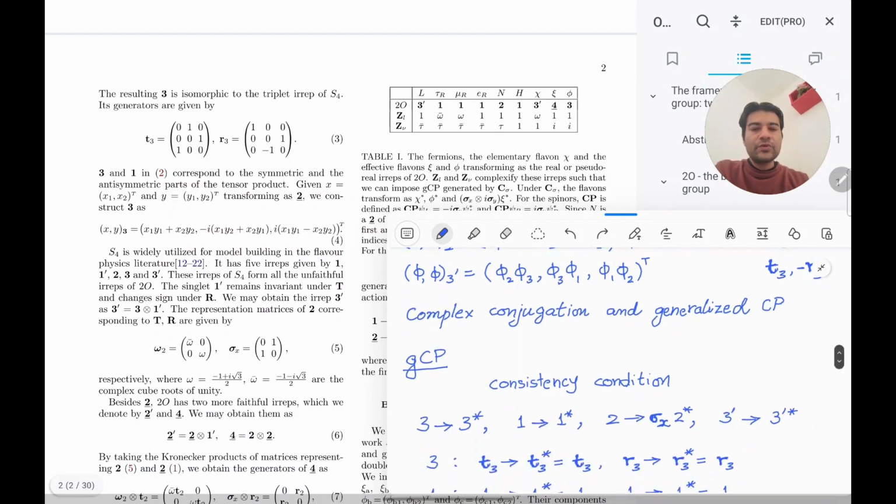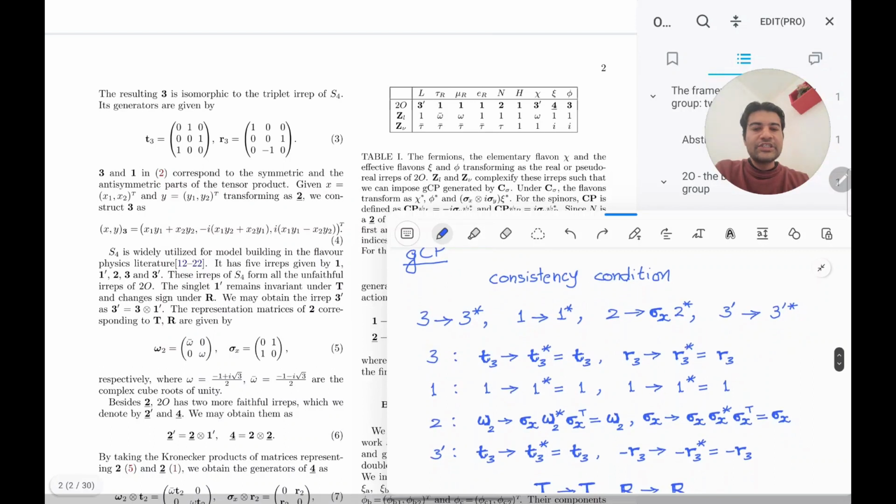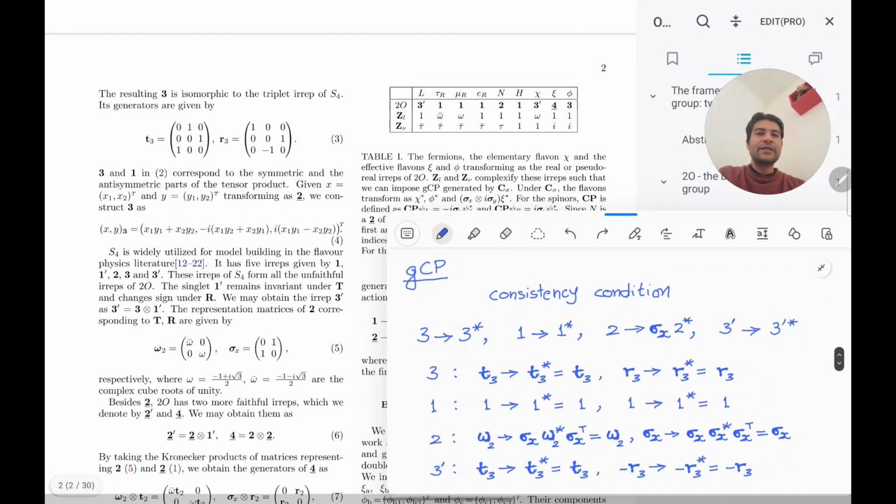Now I want to show you how the generators of the various multiplets transform under this definition of generalized CP. Because the triplet, the singlet and the 3 prime are simply complex conjugated, their generators remain unaffected.